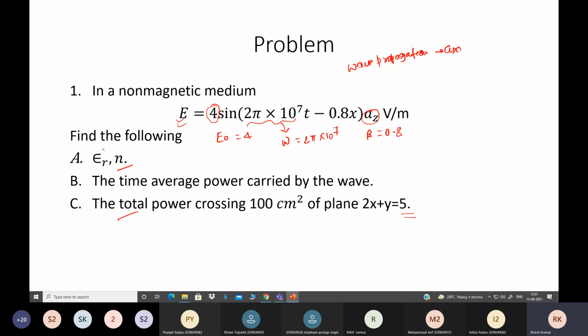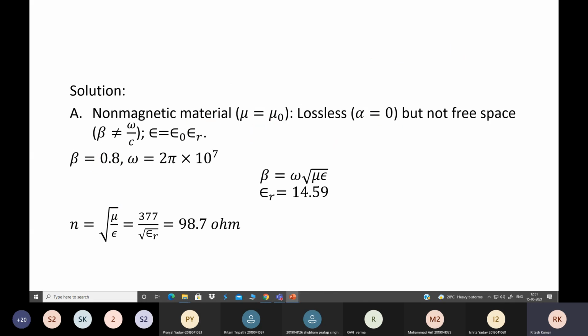So first we will calculate the relative permittivity, and then the intrinsic impedance. How can we calculate the relative permittivity? We know for a non-magnetic material mu r is equal to 1, therefore mu is equal to mu naught. And it is lossless, therefore alpha is equal to 0.